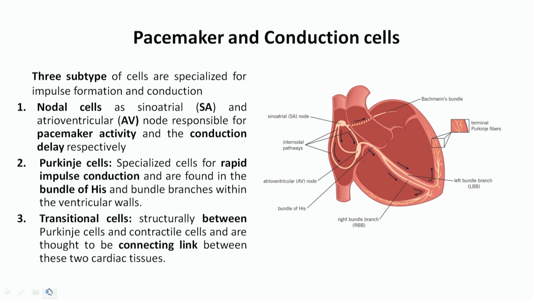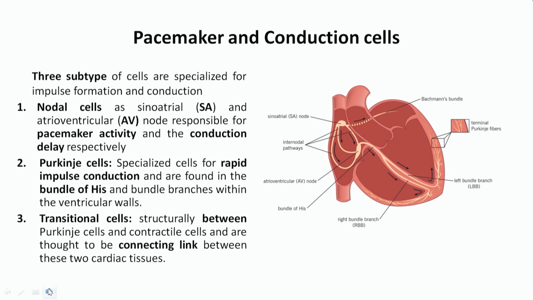Then we will discuss the pacemaker and the conduction cells. 3 subtypes of cells are specialized for impulse formation and conduction. These cells are called nodal cells, Purkinje cells, and transitional cells. Nodal cells are mainly the sinoatrial nodal cells and the atrioventricular nodal cells, that is the SA node and the AV node.